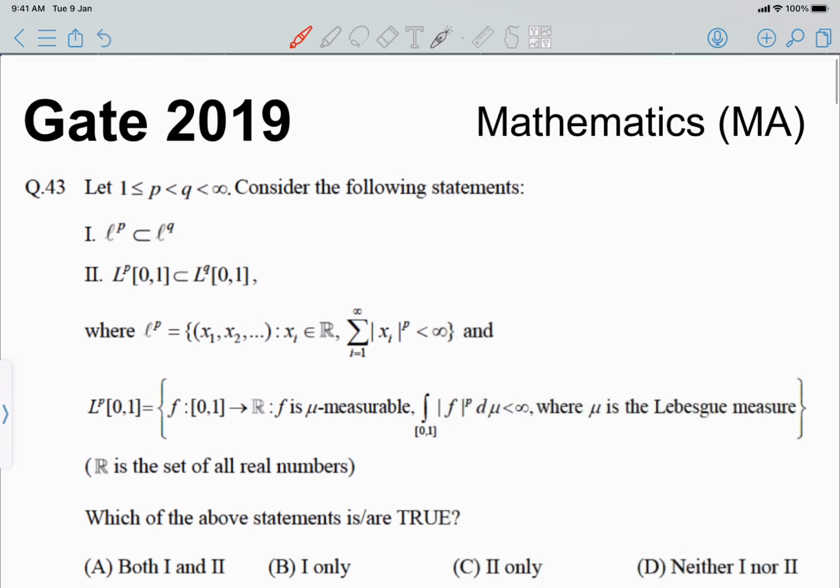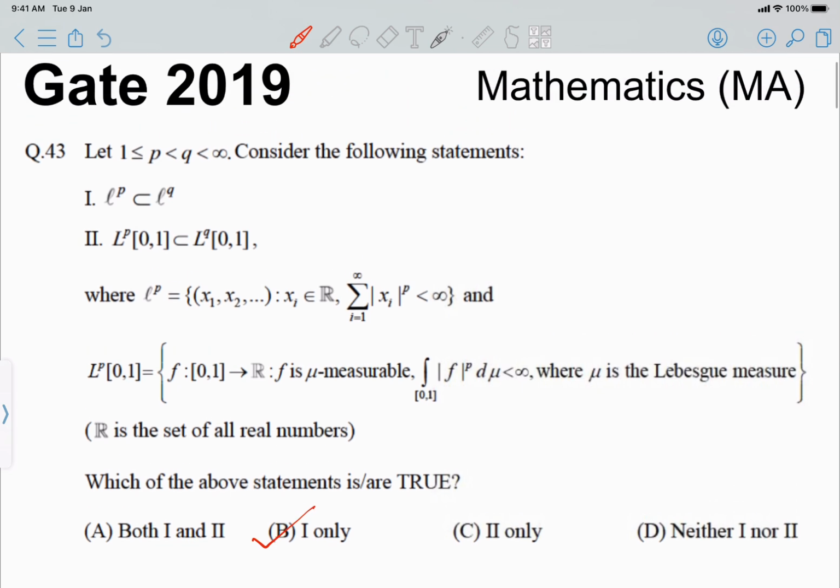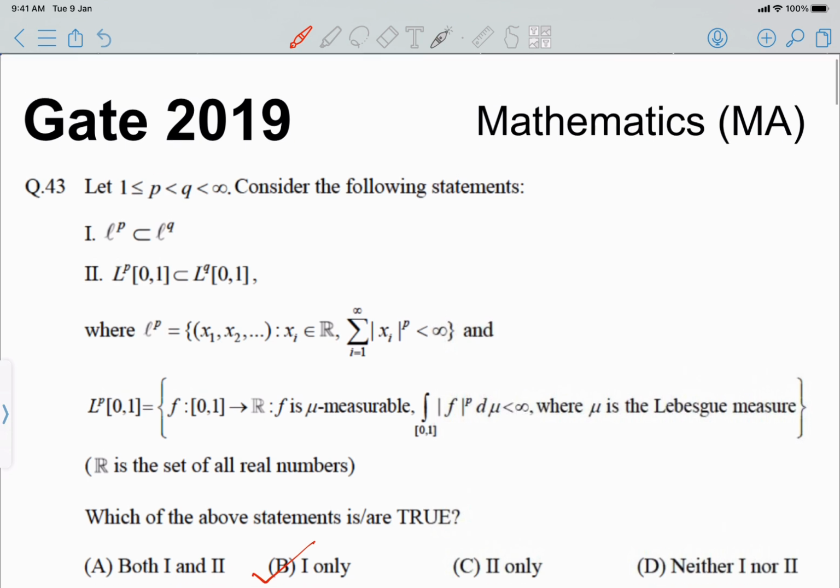What we have got, therefore, is that 1 is correct, 2 is incorrect. So which option is correct? B: only 1 is true.